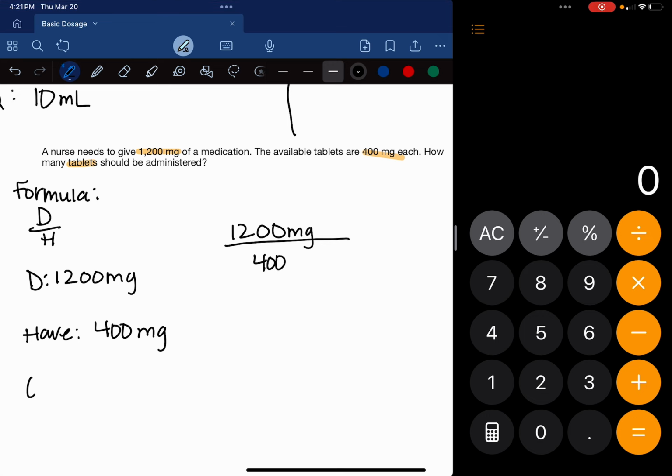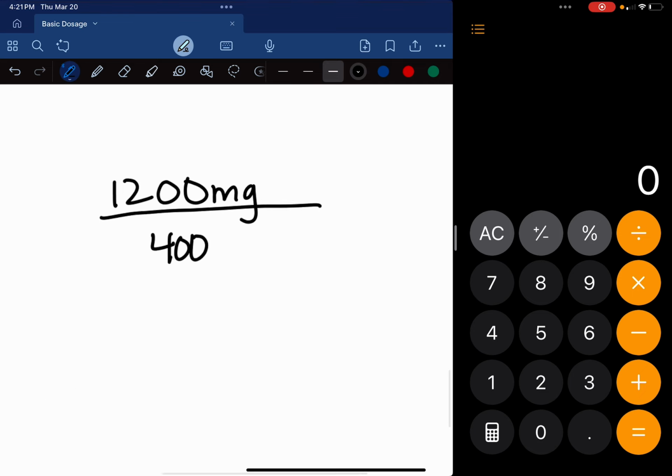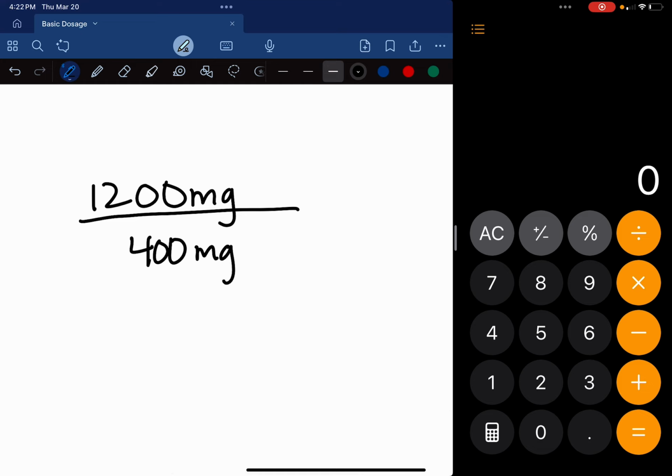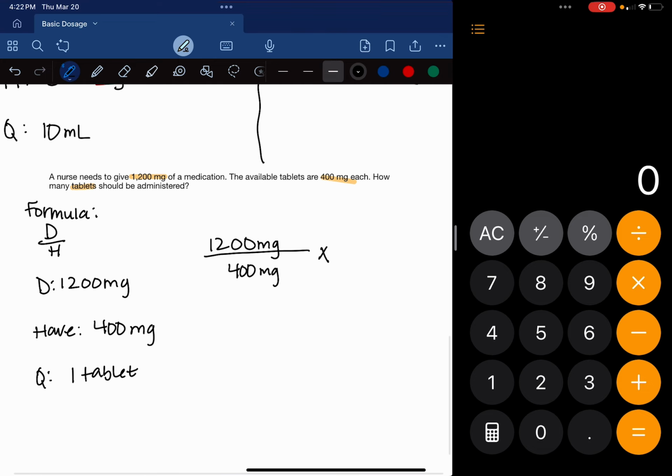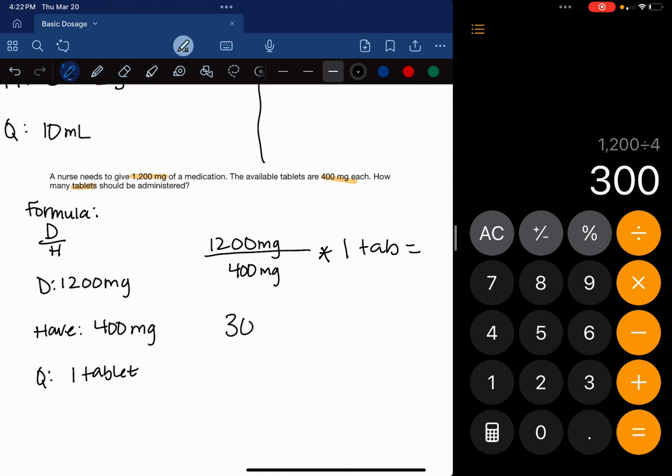Oh, well, let's see, quantity. 1 tablet. Milligrams times 1 tab equals, we know 1,200 divided by 4 is 300. So this is 300.